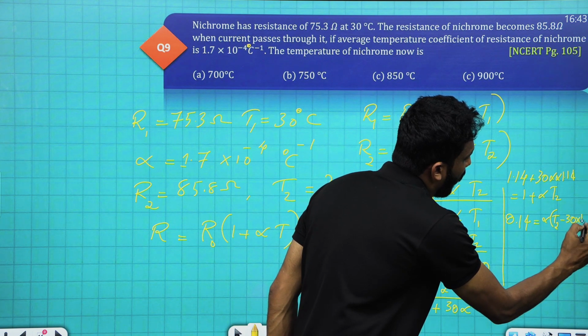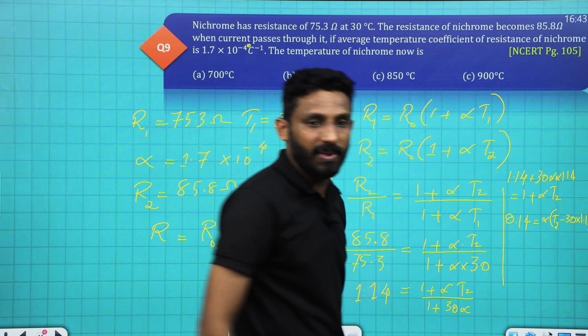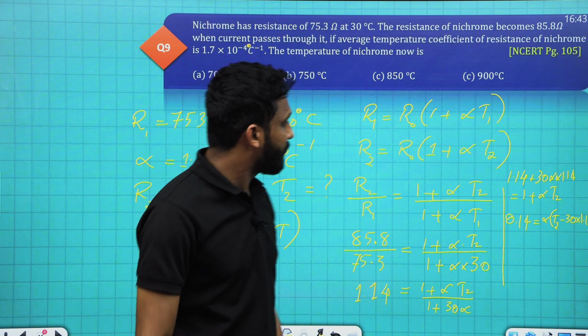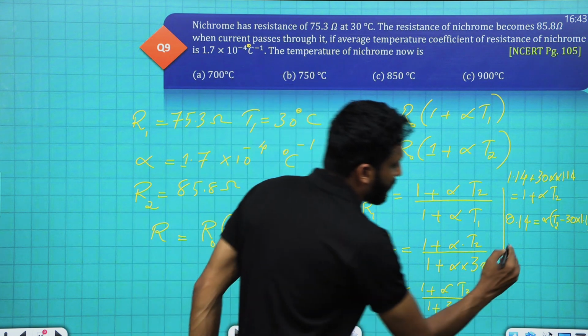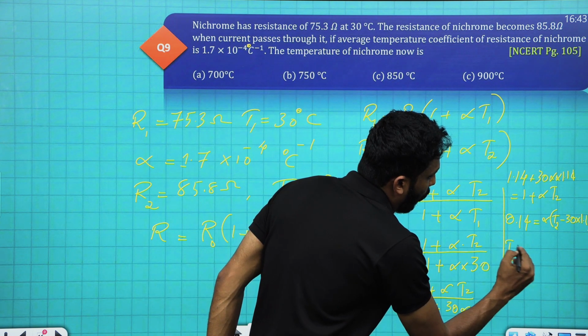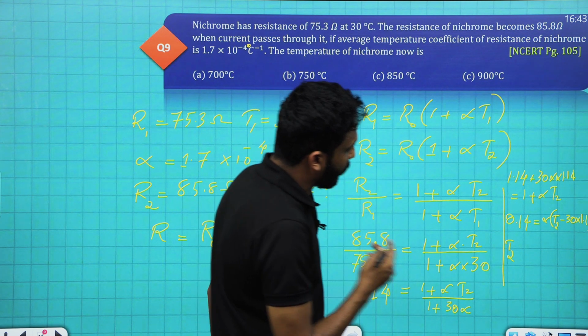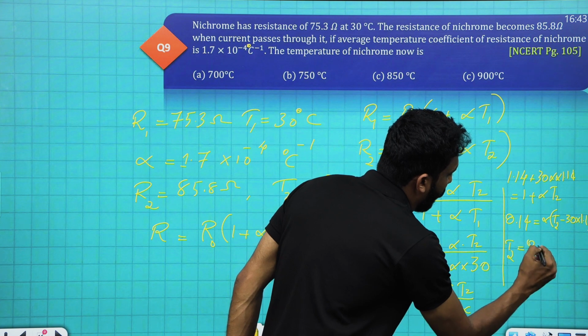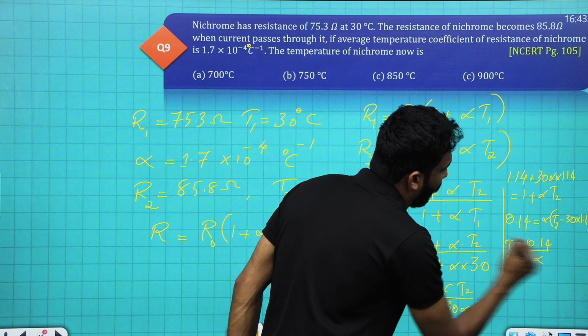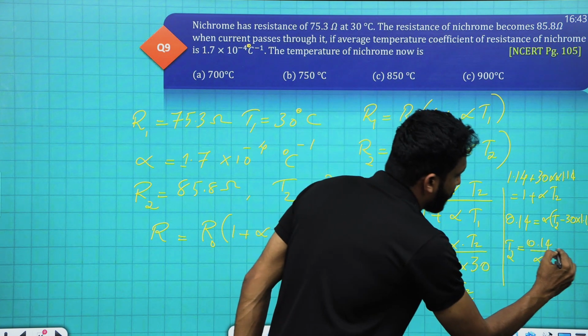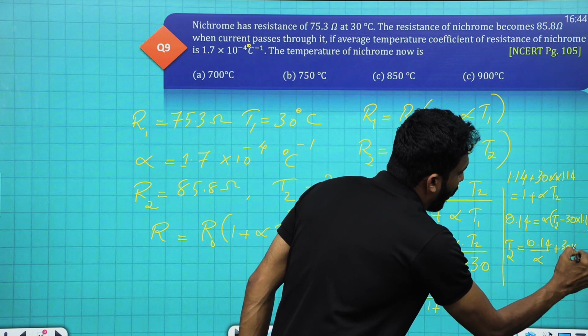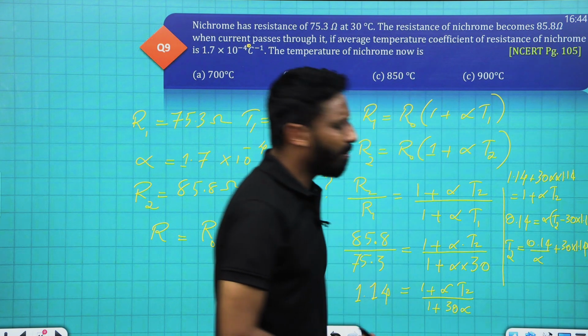So T2 is equal to 0.14 divided by alpha plus 30 into 1.14. Simple calculation.